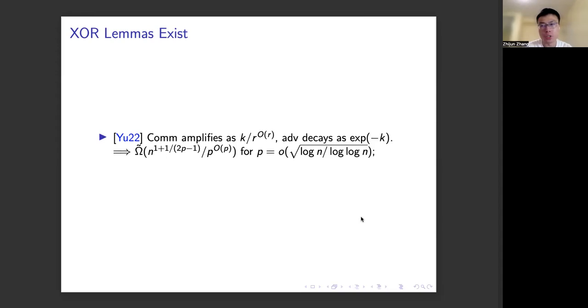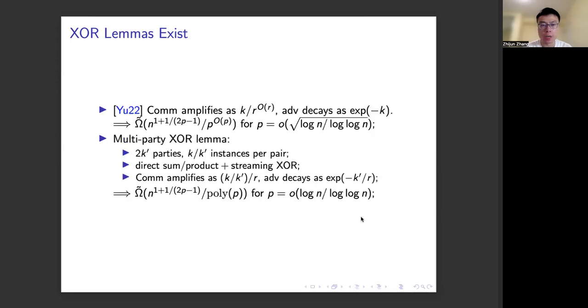To bridge this gap, in our paper we actually proved a multi-party XOR lemma. Roughly speaking, we have k prime pairs of two parties, and each pair will hold roughly k over k prime instances.